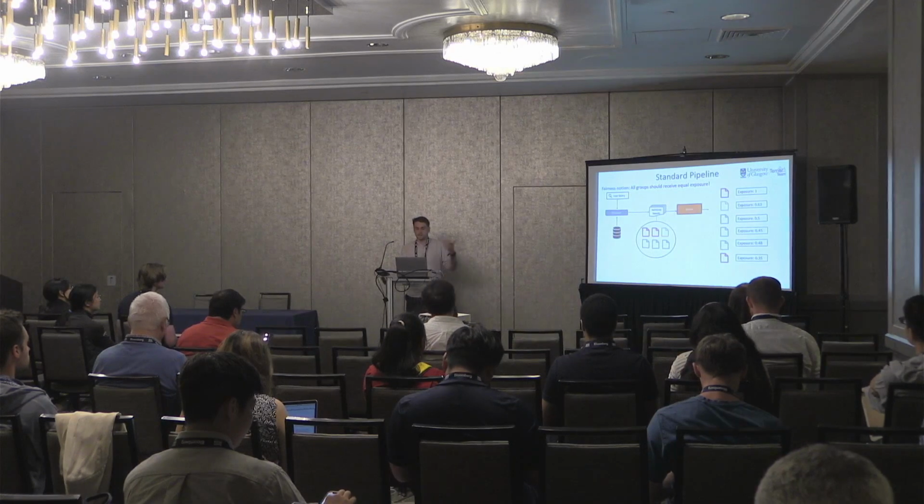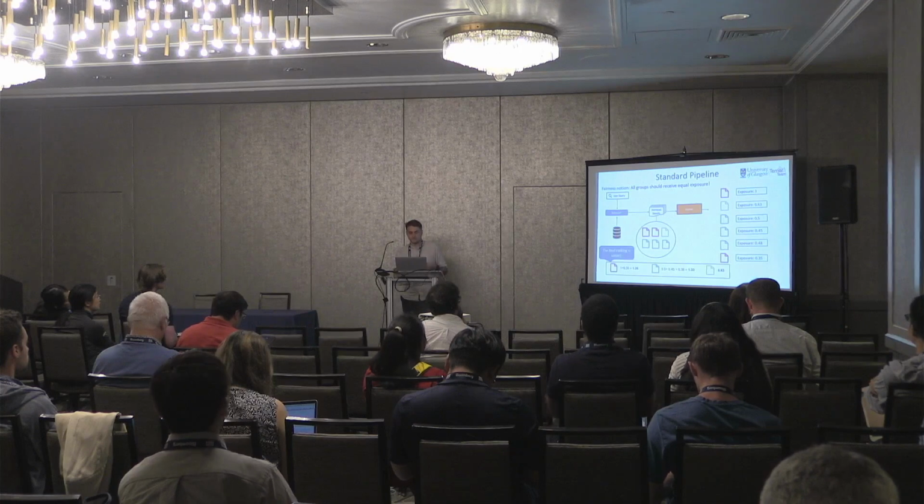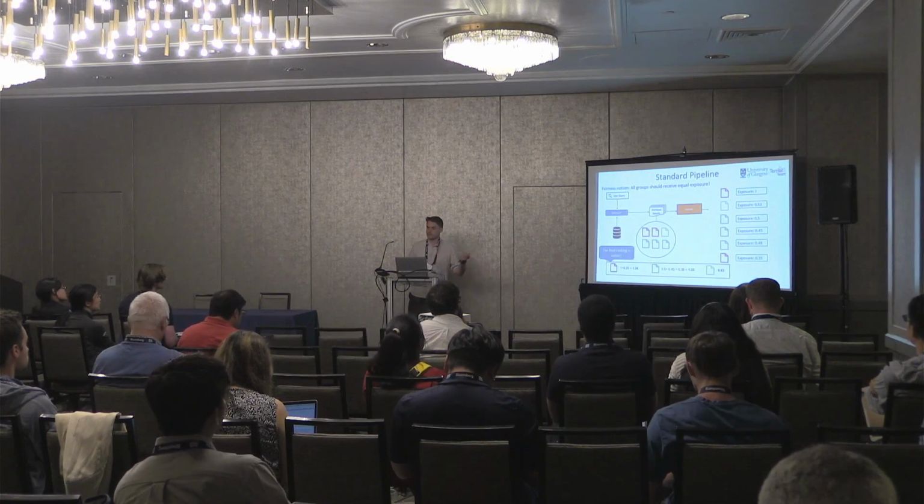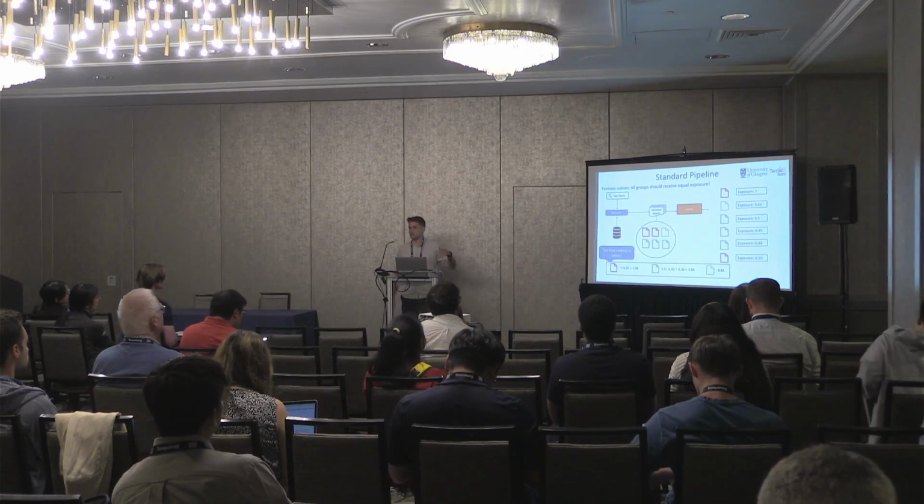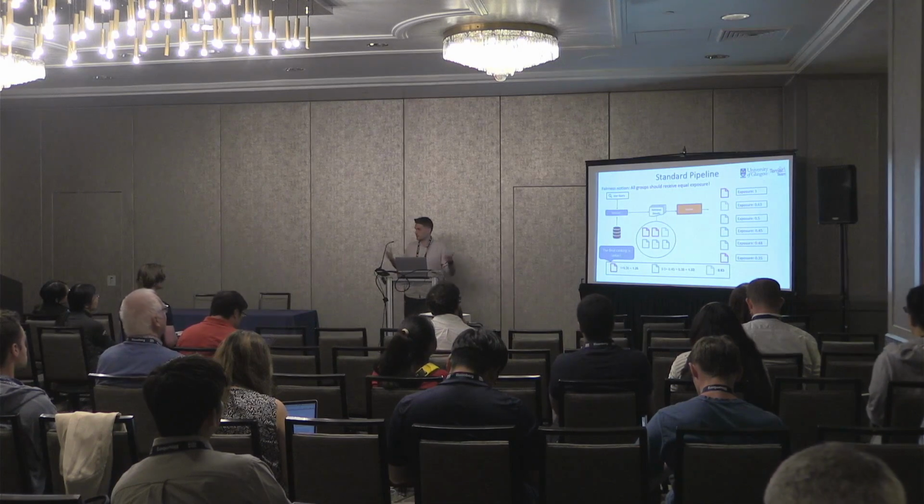Now, I said we want all groups to receive an equal exposure. If we look at the example ranking here, where we have documents from the red, yellow, and blue group, we can see that unfortunately the final ranking is not fair, because the red and the blue group receive similar exposure, but the yellow group doesn't.